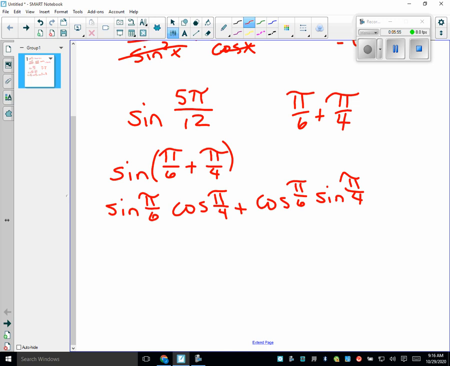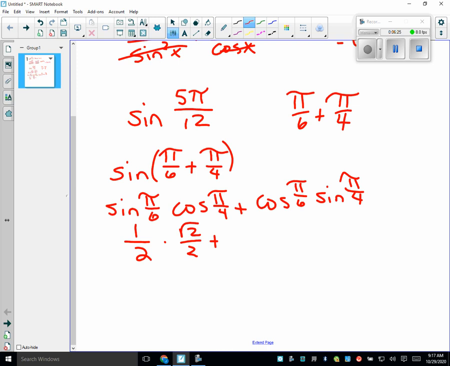What's the sine of pi over 6? Radical 3 over 2. No, I disagree, that's not right. 1 over 2. What's the cosine of pi over 4? Radical 2 over 2. What's the cosine of pi over 6?